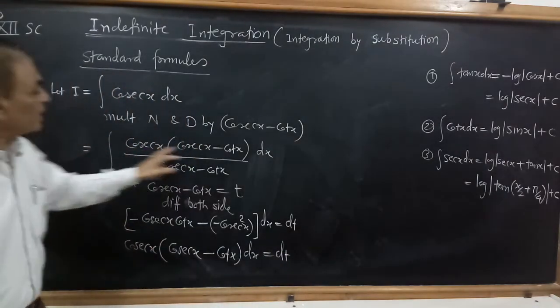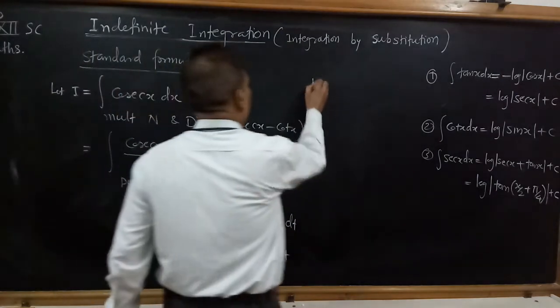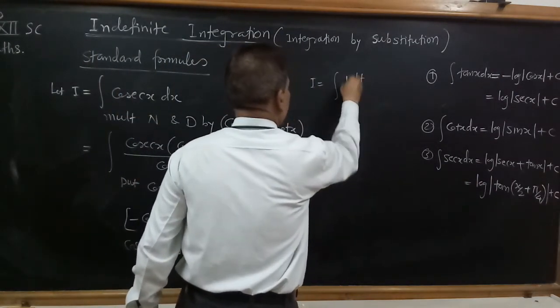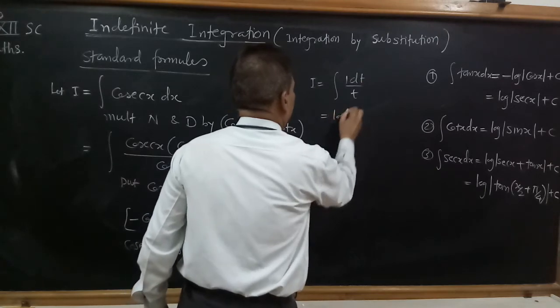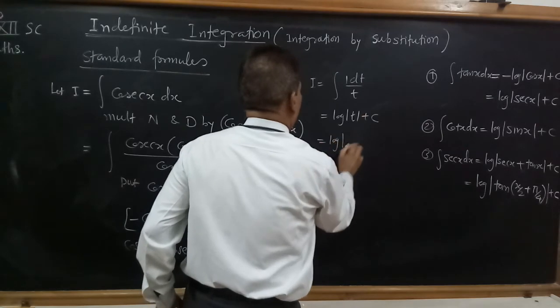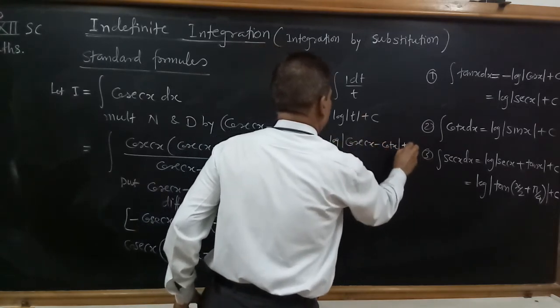Therefore, numerator is our dt and denominator is t. Means I is nothing but integration of dt divided by t, means 1 upon t, which is equal to log of mod of t plus c, means log of mod of cosec x minus cot x plus c.